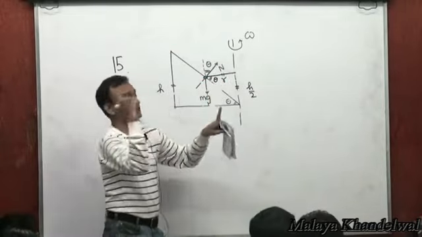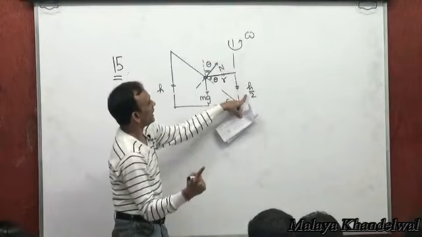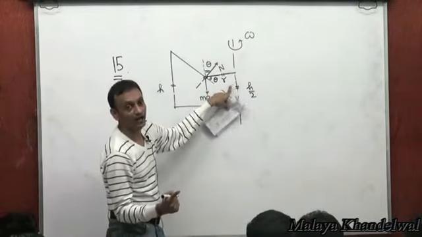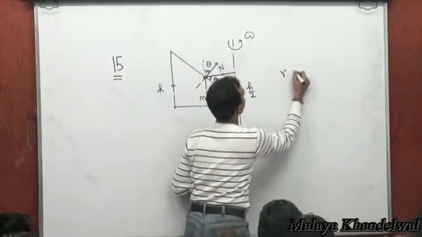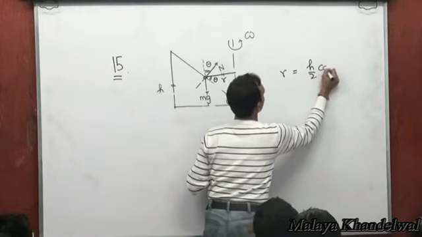So this moves in a circle of radius r, which is h by 2 cot theta. R is h by 2 cot theta, as you can see.